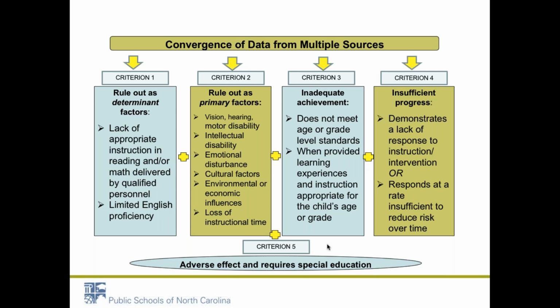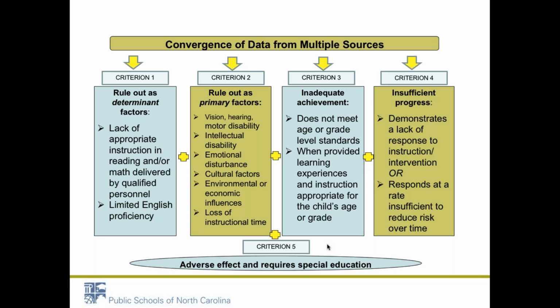And as you probably know, we've been really emphasizing the importance of this component of an evaluation that has always been required in policy. So the first criterion is the lack of appropriate instruction.